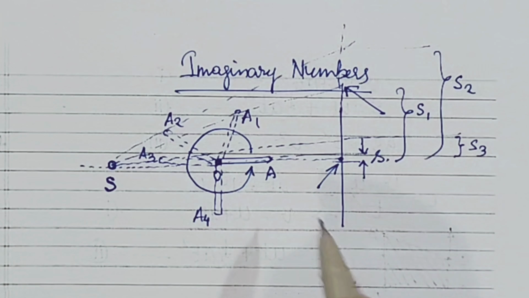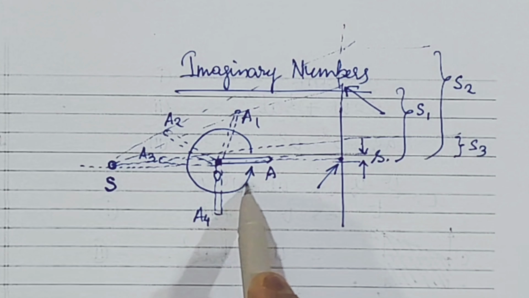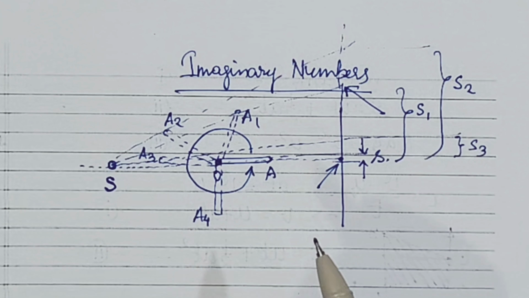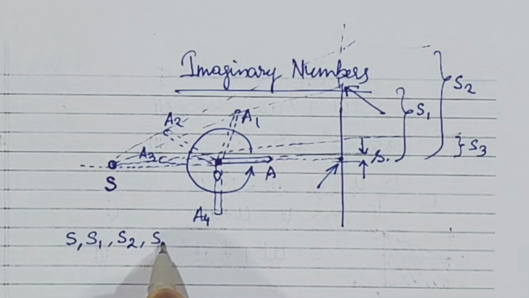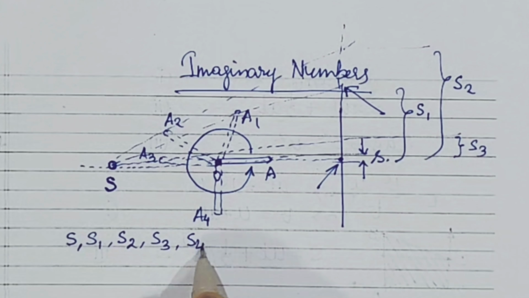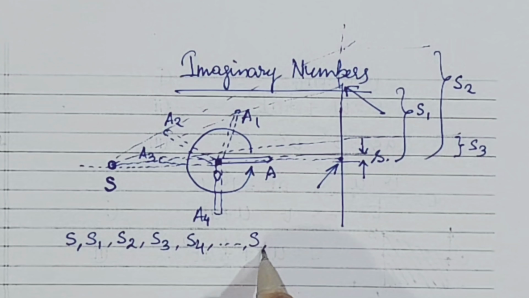Now, if this object OA is rotating in this direction over time, and I am recording the length of shadow that I am able to measure on the screen, then the starting position, if it is OA, gives S. If I am sampling at OA1, it will be S1, S2, S3, S4 and so on, returning to S again, and it will go on.